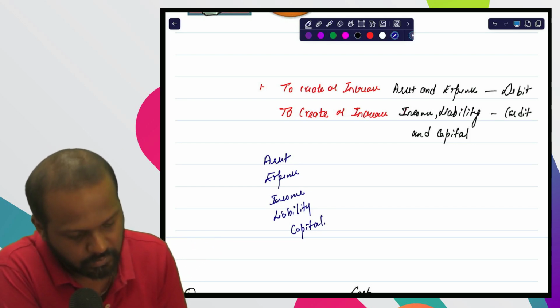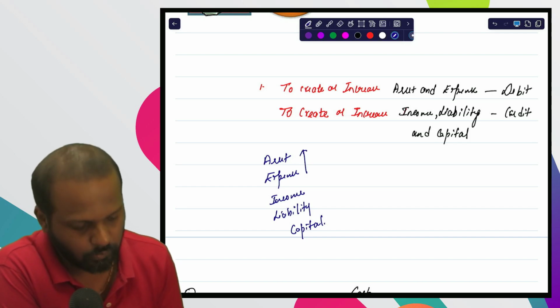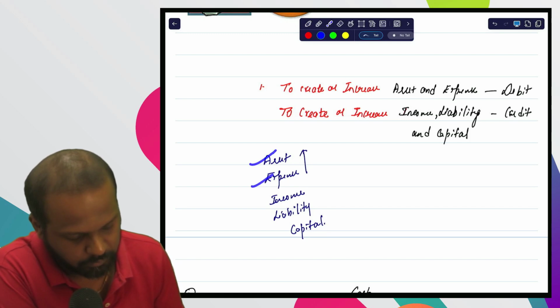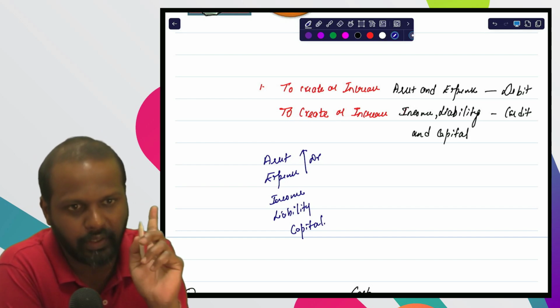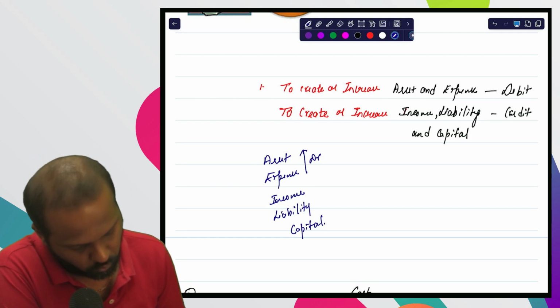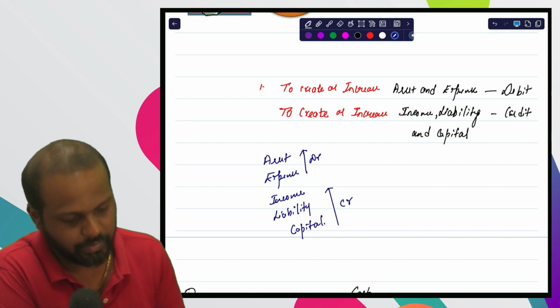The rule is that whenever asset or expense increases, we are supposed to do debit. But whenever income, liability, or capital is increased, then we are going to do credit.